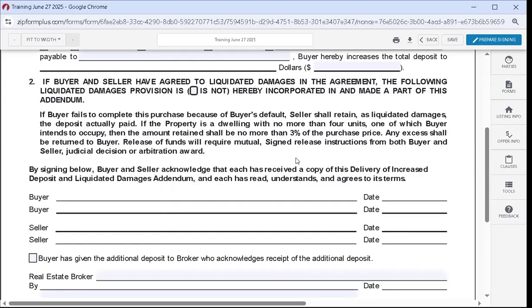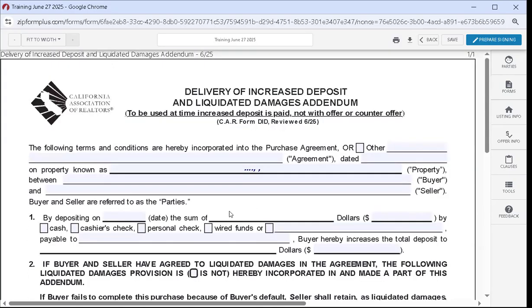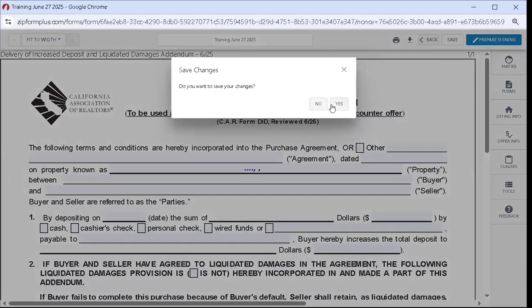And then everybody signs it right here. So that's a record, and it's also a record that you did not intend to put that into liquidated damages, especially on a commercial contract, that's going to be very important for you. So just get used to that. It's a simple form. They've made it just a single page.